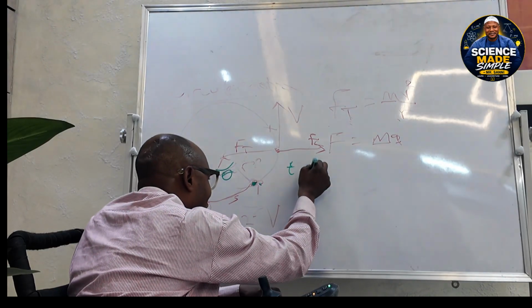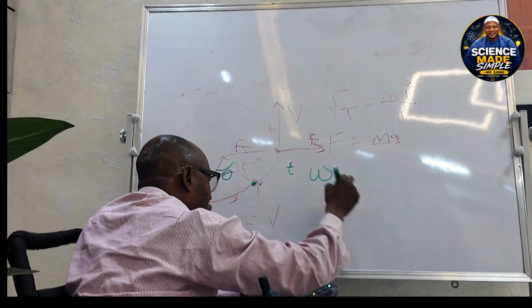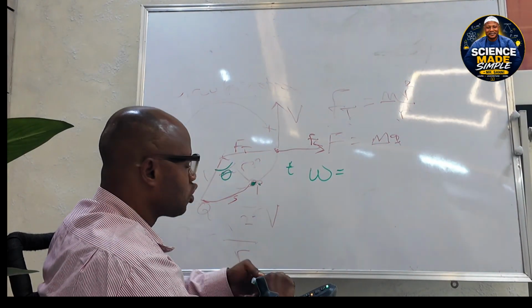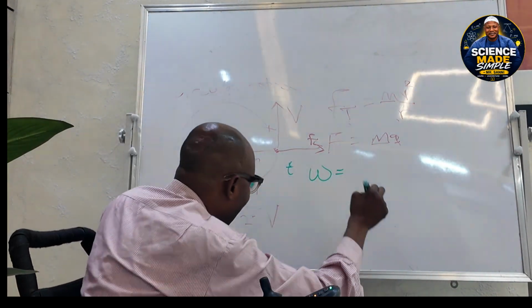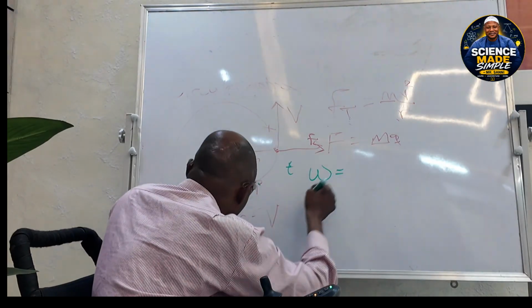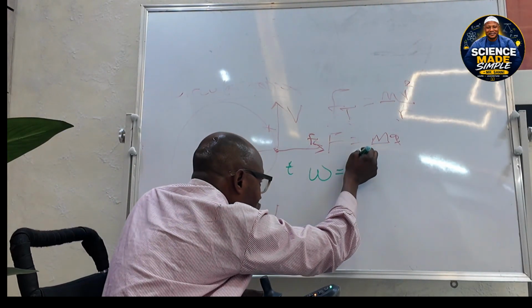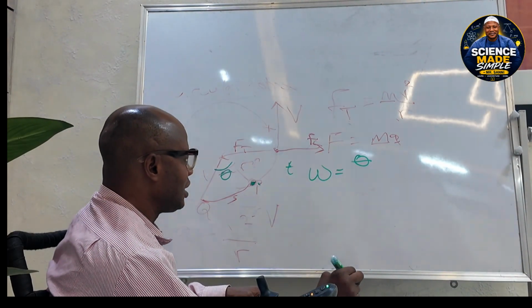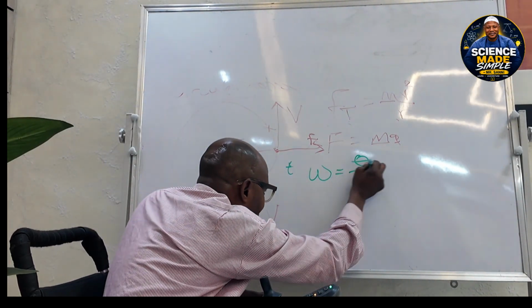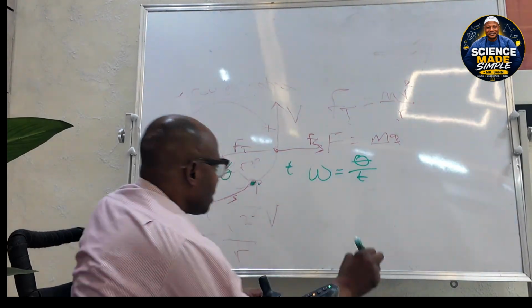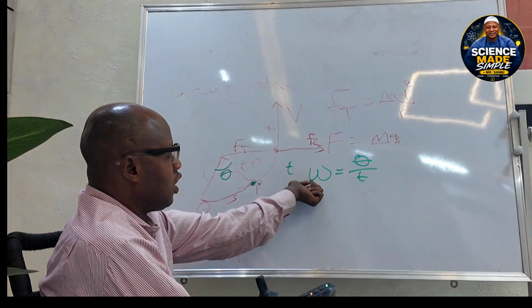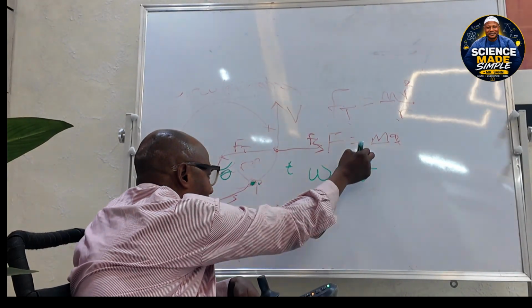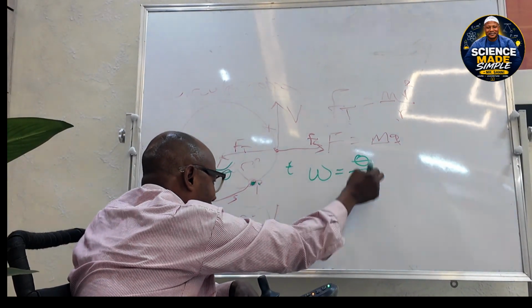To get the angular velocity omega, velocity is equal to displacement over time, so now it's going to be the angle theta. We call this angular displacement over time. The angular velocity is represented by omega, equal to angular displacement over time.